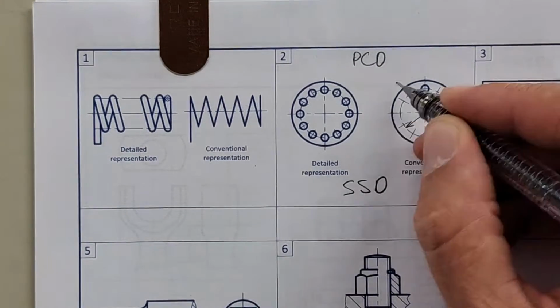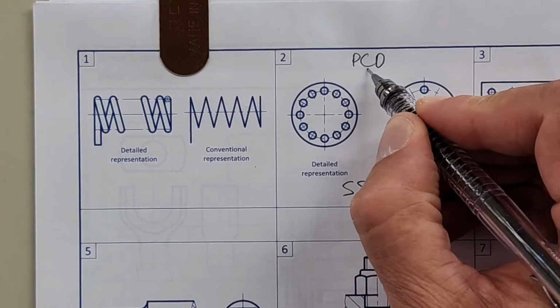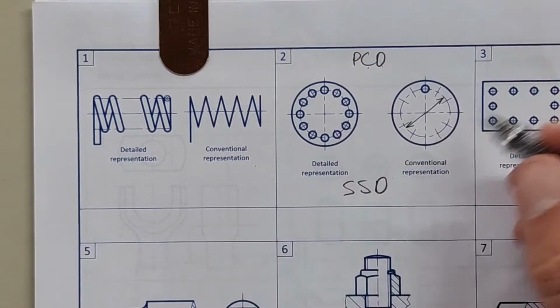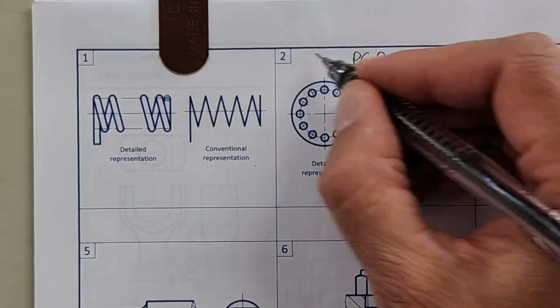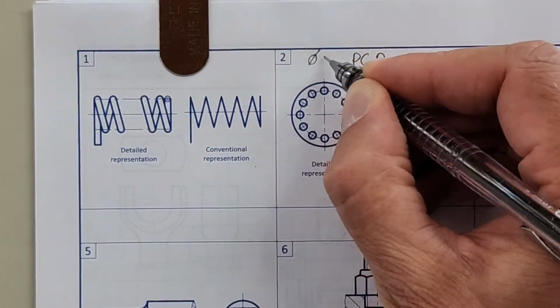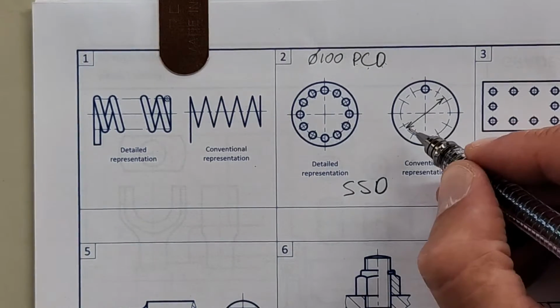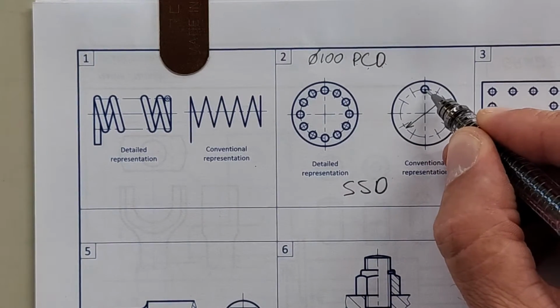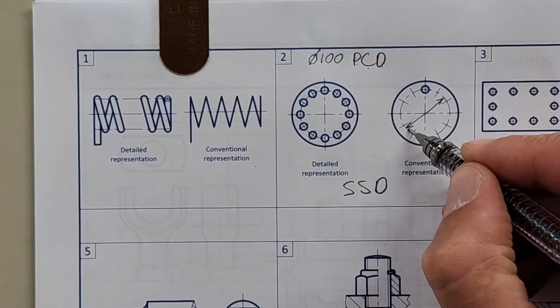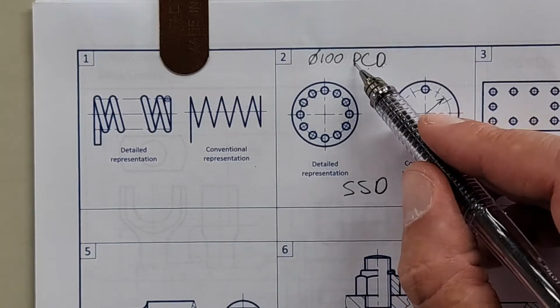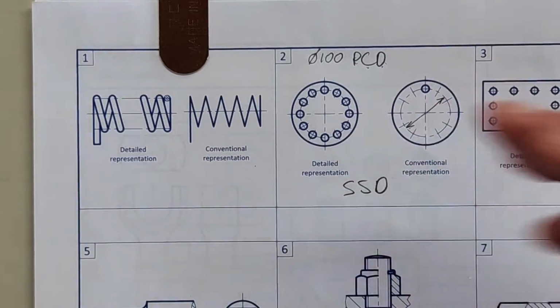Write it somewhere: pitch circle diameter. So let's say that is 100. Then it would have been diameter 100 PCD. And what that means is that this diameter, which holds all these holes, is 100 millimeters. Pitch circle diameter. Write it down.